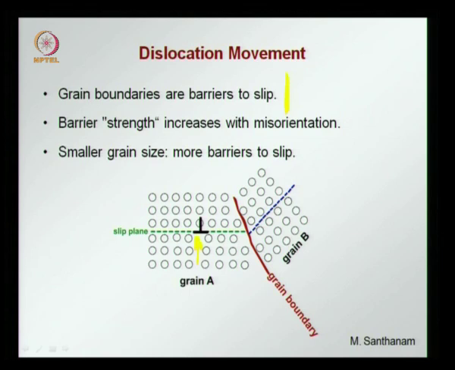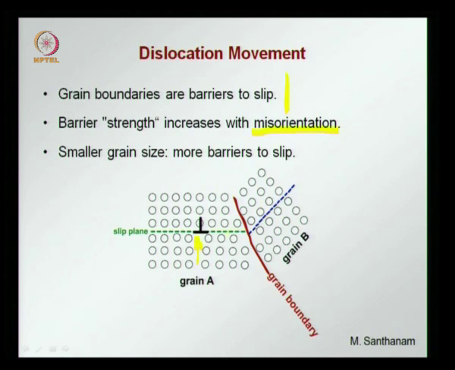More grain boundaries means there are more barriers, and this barrier strength, that is, the higher force required to move the dislocation from one grain to another, increases with the misorientation, that is the angle between the crystal planes across the grain boundary.